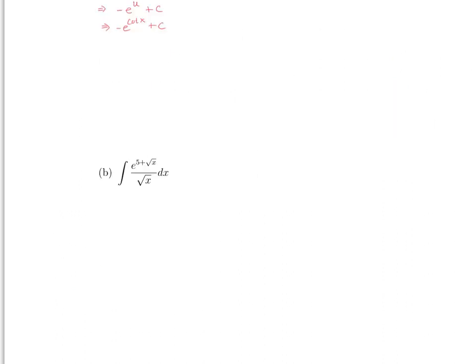Okay, so now let's move to 2b. So recall from pre-calculus, e to the 5 plus radical x is the same thing as e to the 5, which is a constant, times e to the radical x.